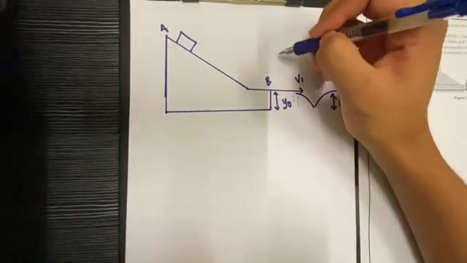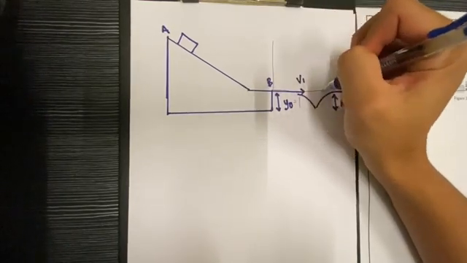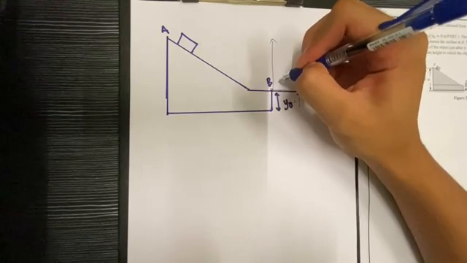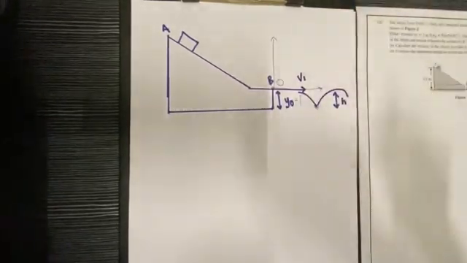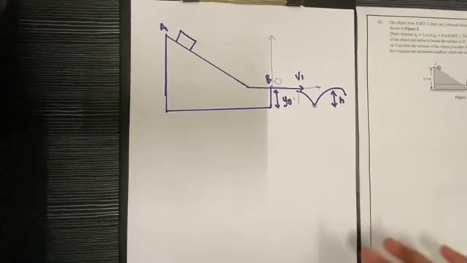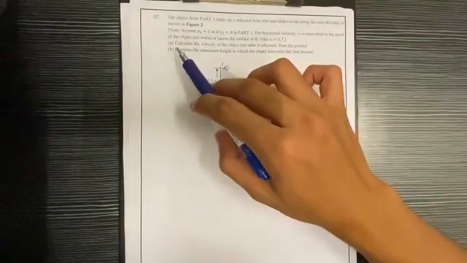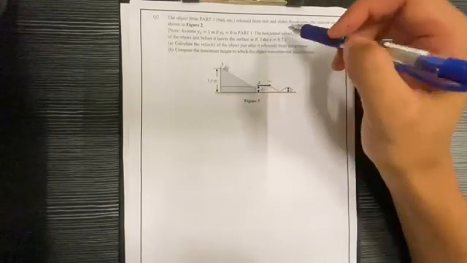So we can use this graph, the 0. Question A: calculate the velocity of the object just after it rebounds from the ground.